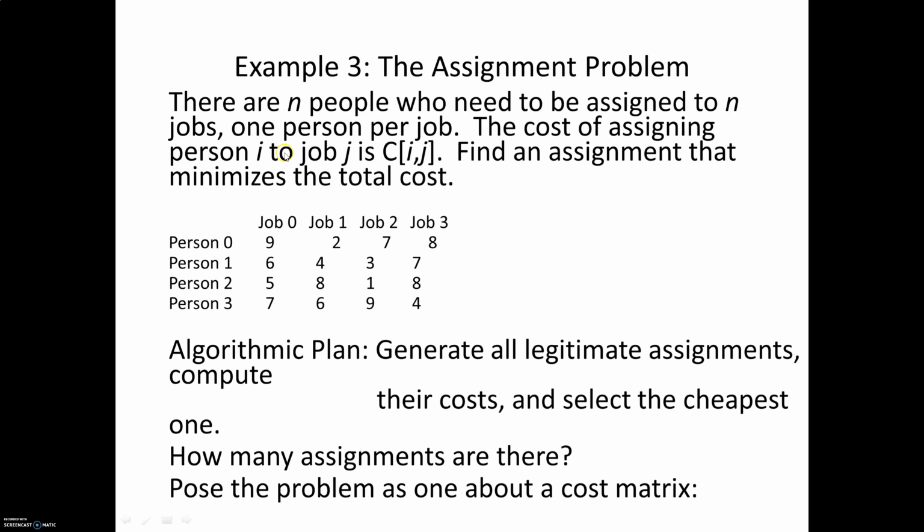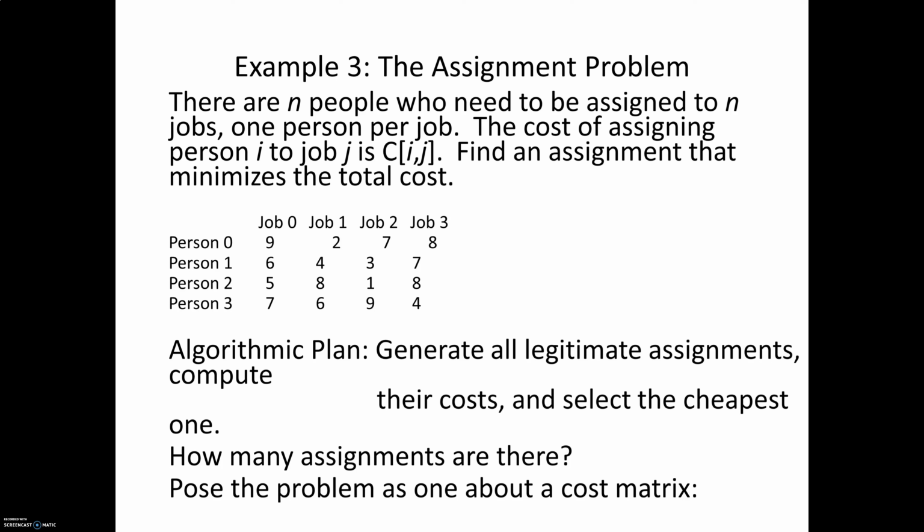For example, person 1 with job 2, the cost is 3. Person 3 with job 3, the cost is 4. You are required to find an assignment that minimizes the total cost.